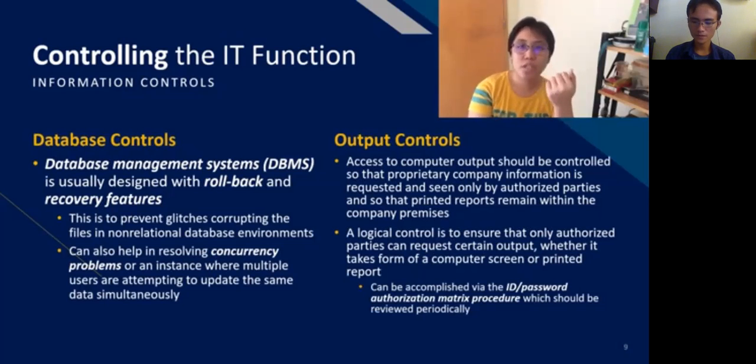So of course, just like we mentioned a while ago regarding the output controls, since there are multiple departments within an organization, those departments should not have the same level of access to certain information and their editing capabilities regarding that information.